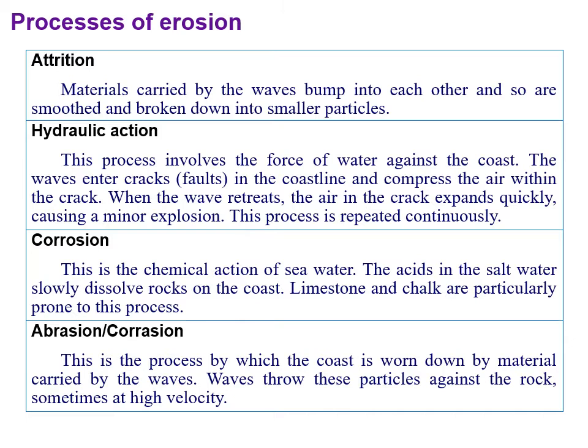The third process is corrosion. Here mainly chemical activity occurs. That is, the marine seawater reacts with the coastal rocky landmass, and mainly if the seawater is slightly acidic and the coastal rock body is carbonate in composition, then the reaction is found to occur maximally. Although other kinds of rocks are also affected by these chemical reactions, in those cases, apart from carbonate, the chemical reaction is very slow, almost negligible.